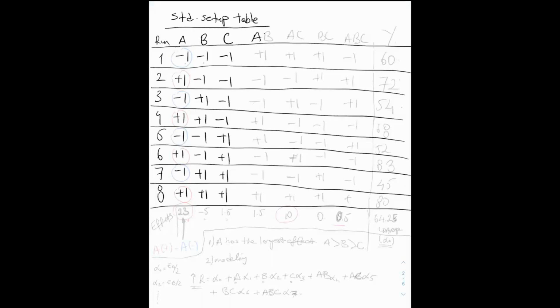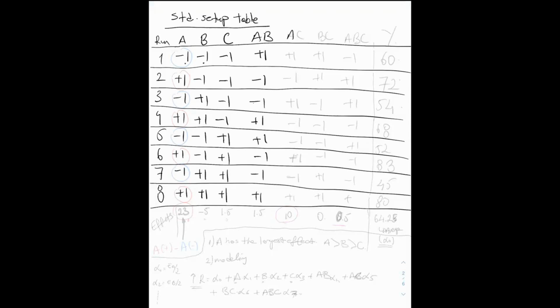So now let's do the interactions. I'm looking at the interaction of A and B. I simply do minus 1 times minus 1, which is going to be plus 1, and similarly plus and minus is going to be minus. I will keep doing it, so that will be plus 1, minus 1, minus 1, plus 1, plus 1, minus 1, minus 1, plus 1.